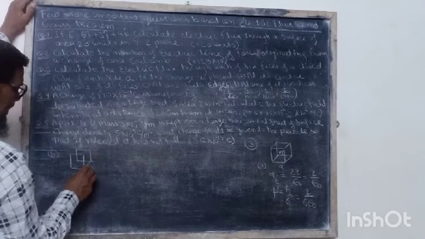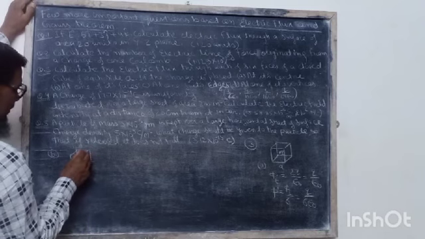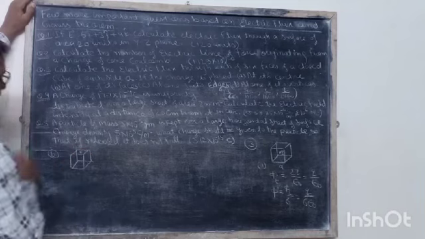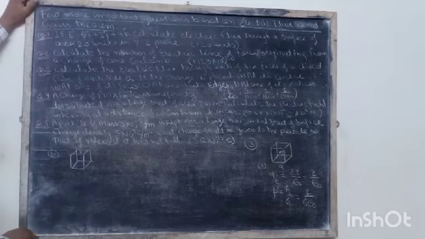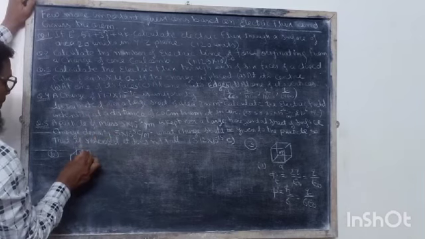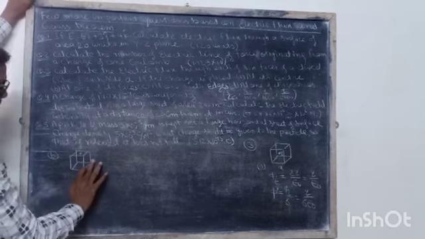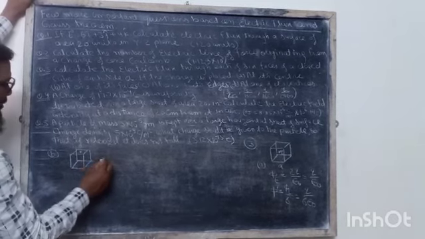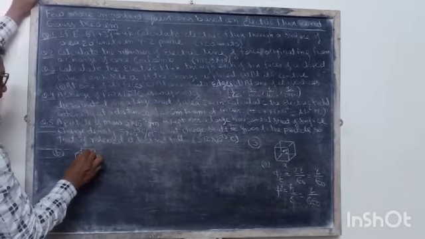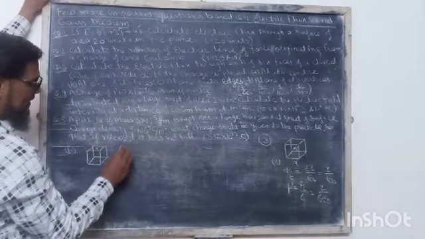Again we consider a cube and we imagine that the charge exists at this face, and if we want to calculate or apply the Gauss theorem, we should imagine another cube from this.